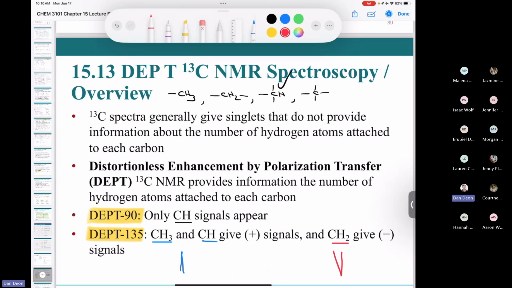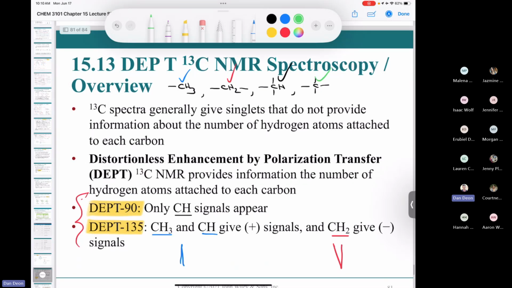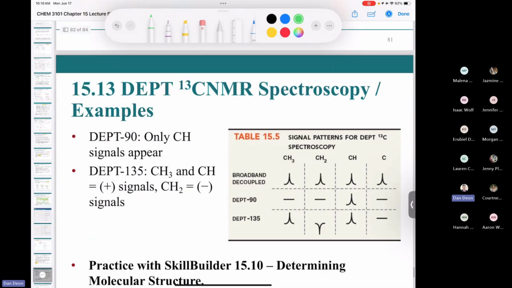So now everything that's positive means I can identify all the methyl groups, right? Everything that's pointing down is a methylene. And whichever peaks from my initial spectrum didn't even show up in any of these, I know that those are the quaternary carbons. So by running 3 experiments, you're able to identify all 4 types of carbons.